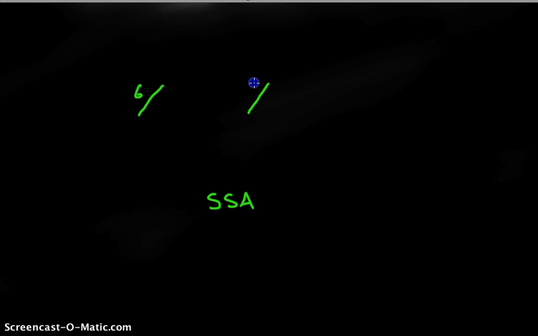This is 6, this is 6. And I have, let's say, another side right here and another side right here. This is 9 and this is 9. So if I have this angle right here, and it's the same as this angle right here, that doesn't mean that the other angles have to be the same.